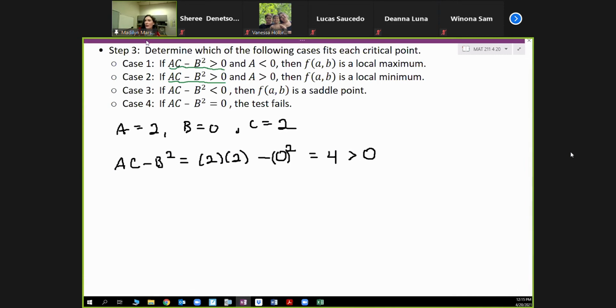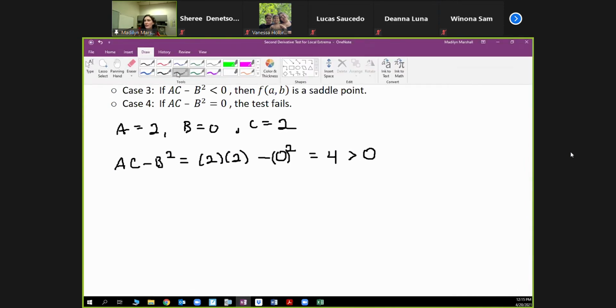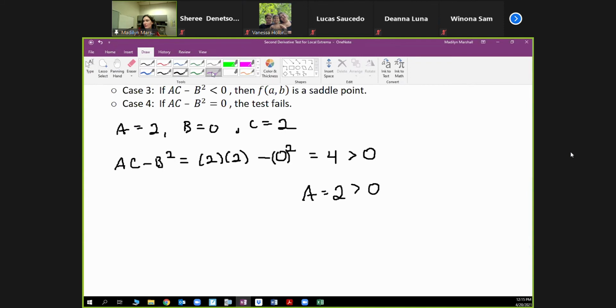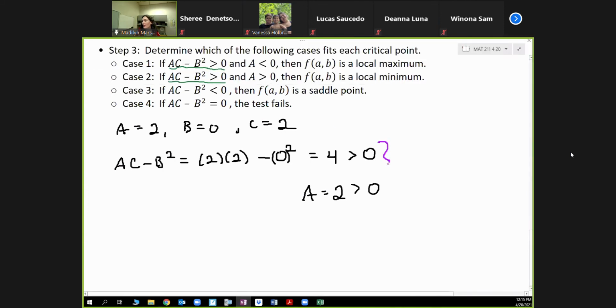And the next part is whether A is less than 0 or A is greater than 0. So since A is 2, which is greater than 0, these 2 together fit case 2.